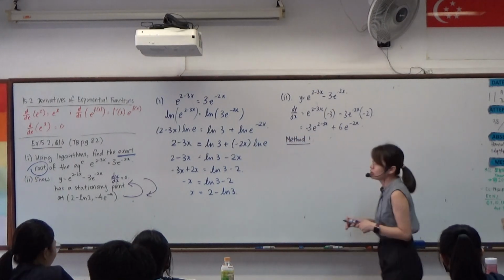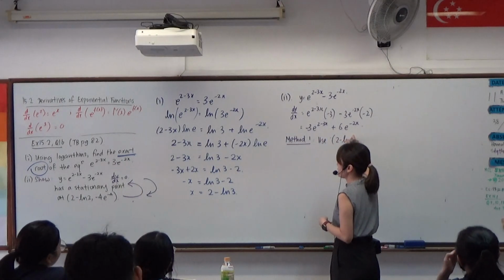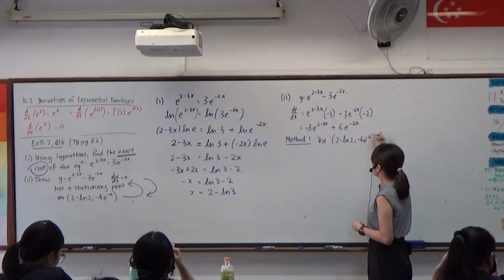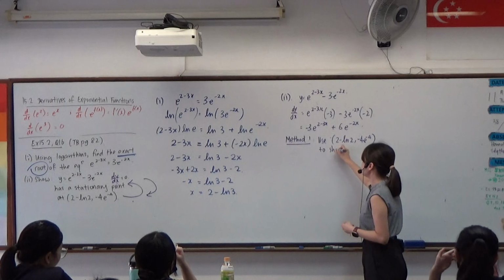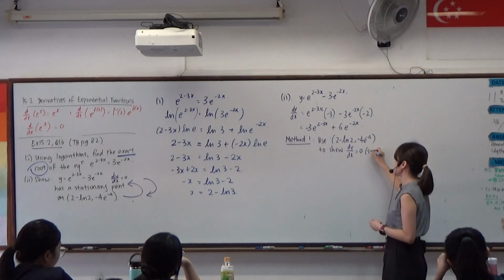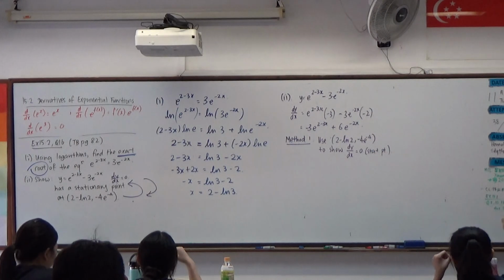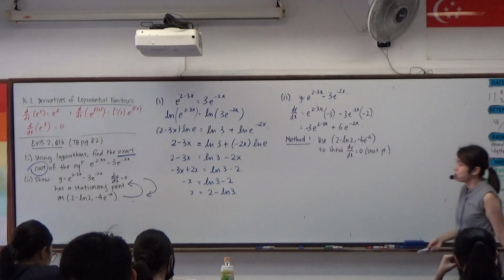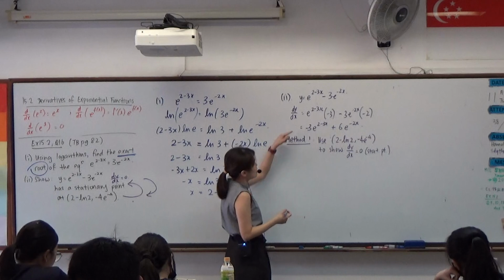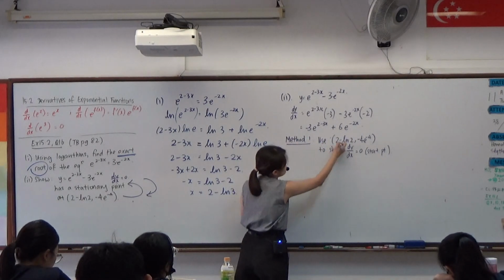From here, my first method was to use the point that's given to show dy over dx will be equal to 0, because that is what a stationary point implies. So that's one of the methods, going from bottom up. In this particular case, our x coordinate is 2 minus ln 2.